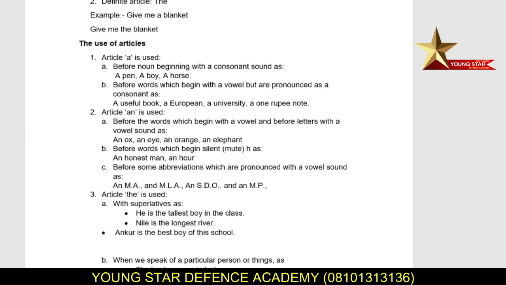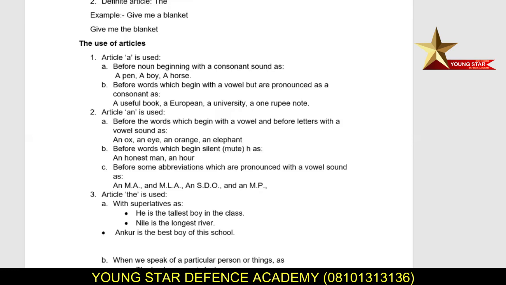So this is a case: a useful book, a European, a university, a 1 rupee note. In these cases, it's giving a sound of a consonant. In the very starting there is a vowel, u, e, u. These are the vowels basically, but when we speak it, a useful book, it's 'yoo'seful. A European, so these are giving a sound of a consonant, इसीलिए हमने इनके आगे भी a यूज किया.